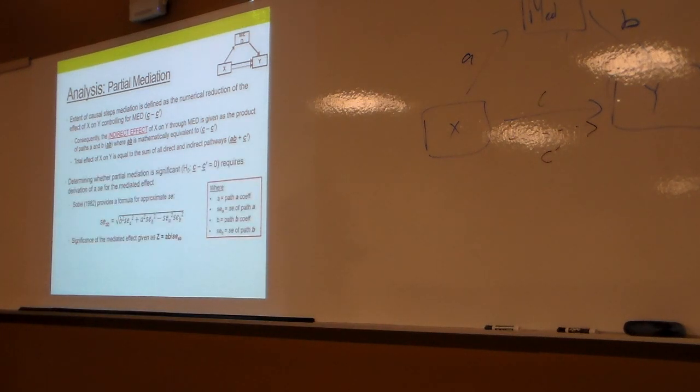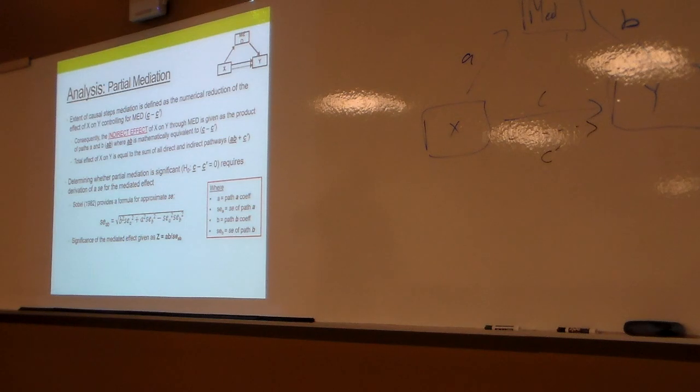Okay. Now the tricky part here is how do we determine whether AB, or the reduction of C to C prime, is statistically significant, right? If we need to determine whether something's statistically significant, we need to get a standard error for that thing, right? We can't have a statistical test without a standard error.